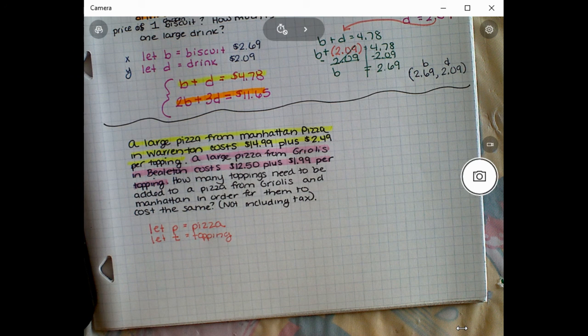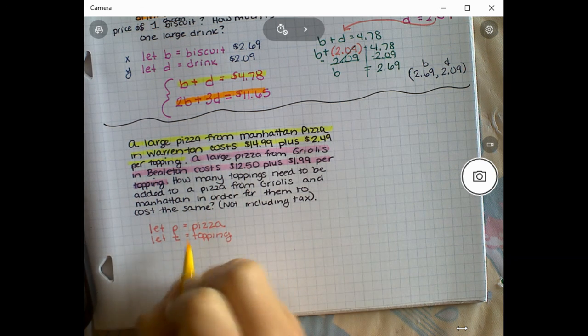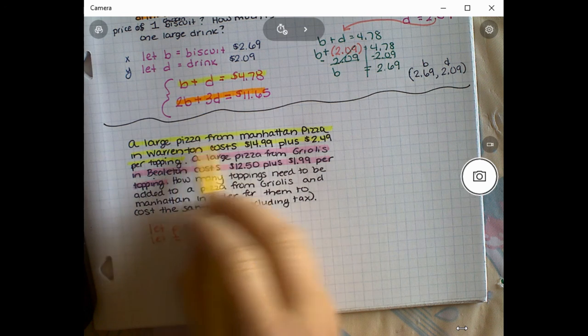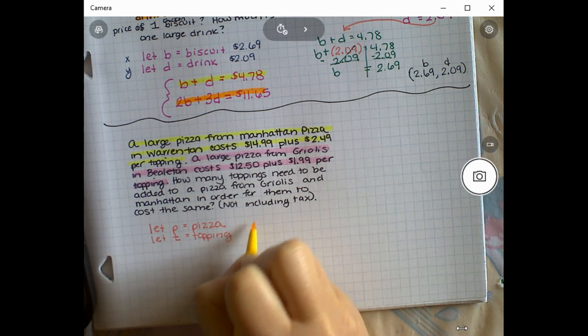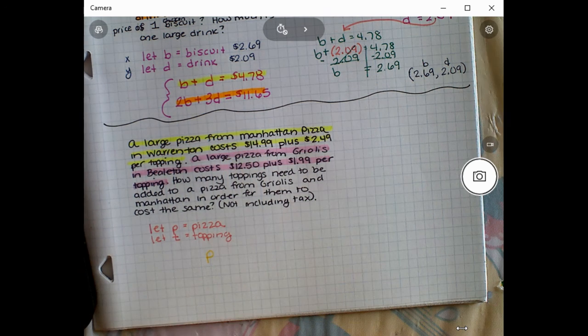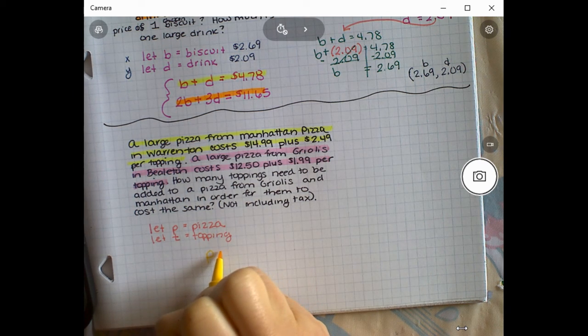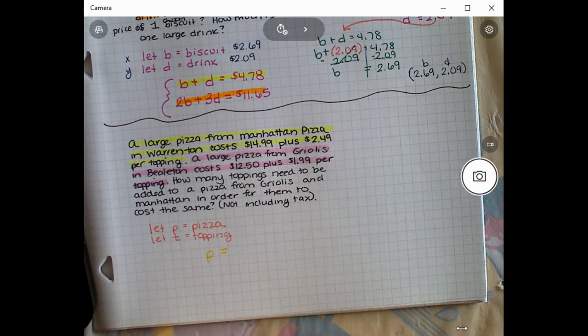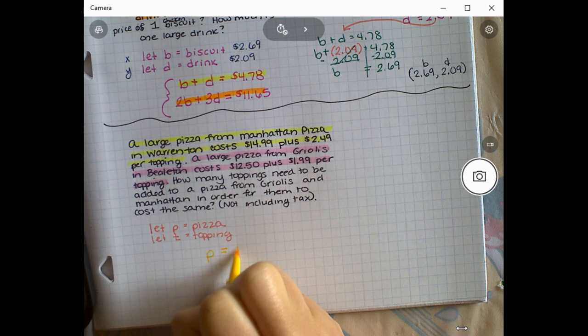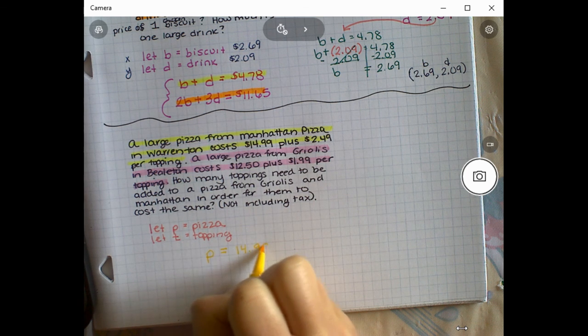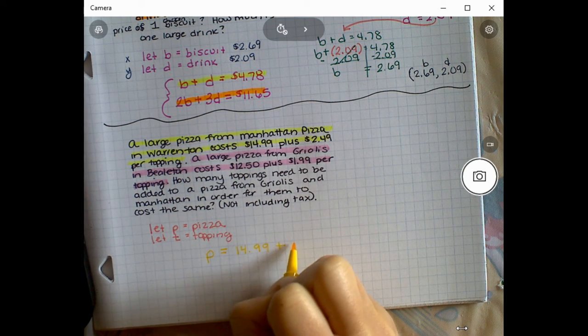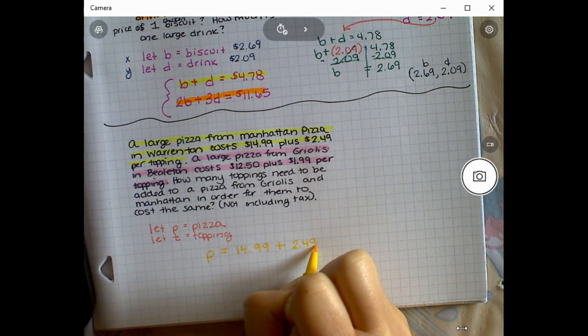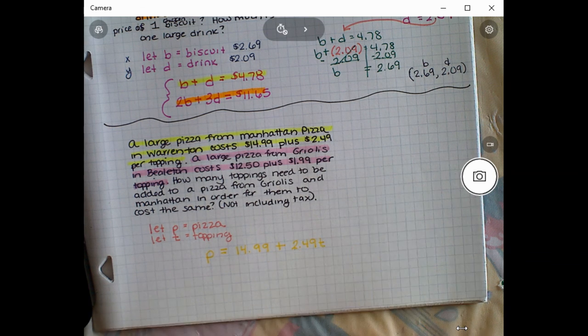Our first equation is a pizza from Manhattan Pizza. So one pizza from Manhattan Pizza costs, that equals $14.99 plus $2.49 per topping, and we're using T for topping.